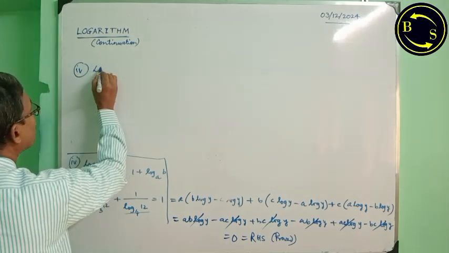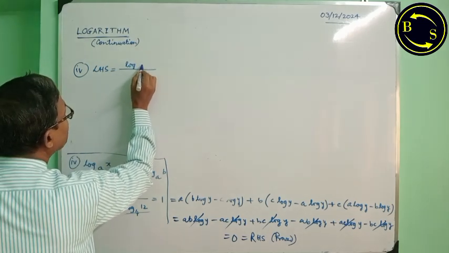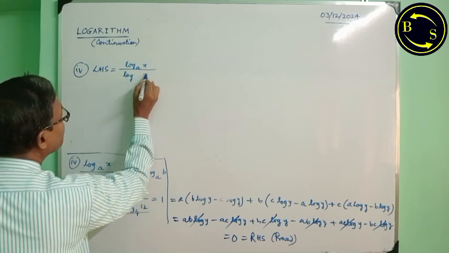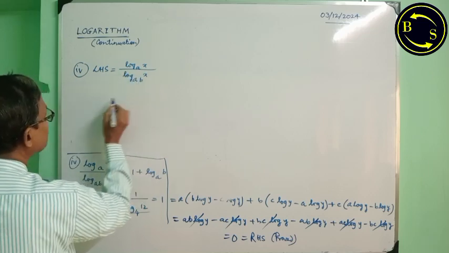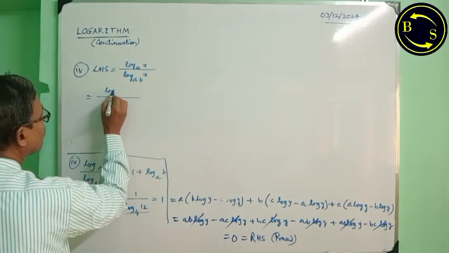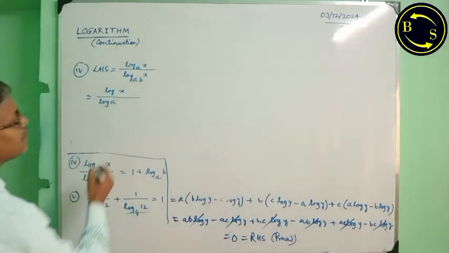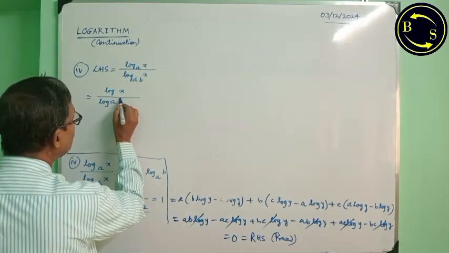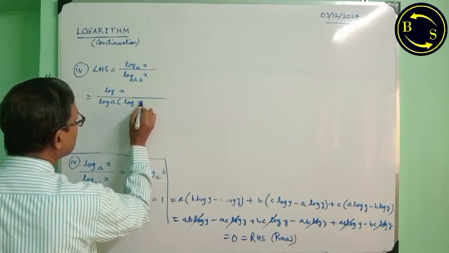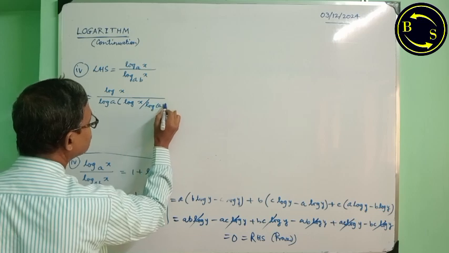LHS: log of x to the base a divided by log of x to the base ab. Now, the numerator will be log of x by log of a, applying the base changing formula, and the denominator log of x by log of ab.